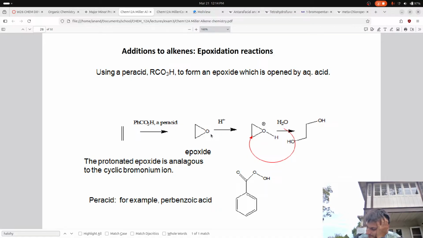The oxygen attacks the acid. We get an oxonium ion. Okay, then water, and water does an SN2 to break open the ring.